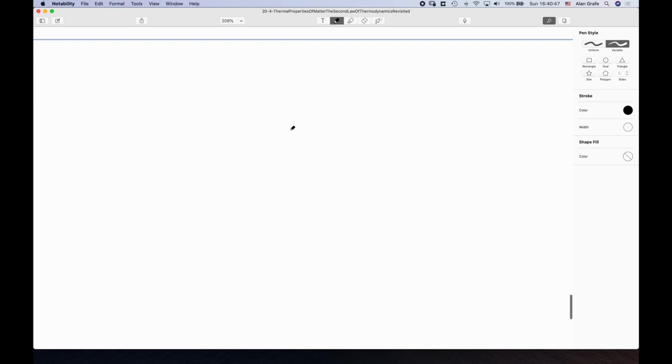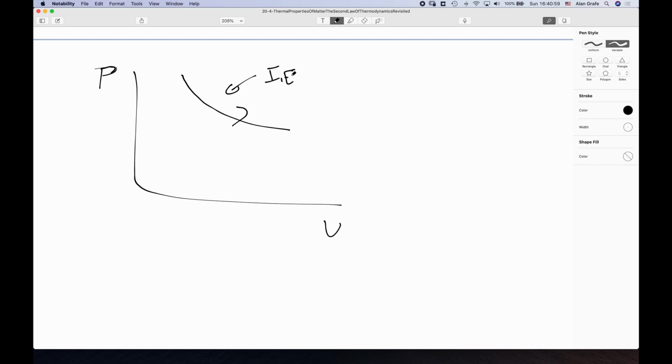Now, we can imagine what this looks like if we draw a PV diagram for it. For a PV diagram, it's going to look something kind of like this. You'll have your isothermal expansion here, and then your adiabatic expansion here, followed by your isothermal compression here, and your adiabatic compression there.